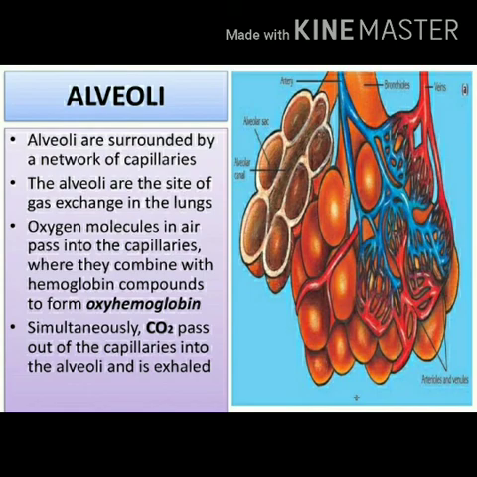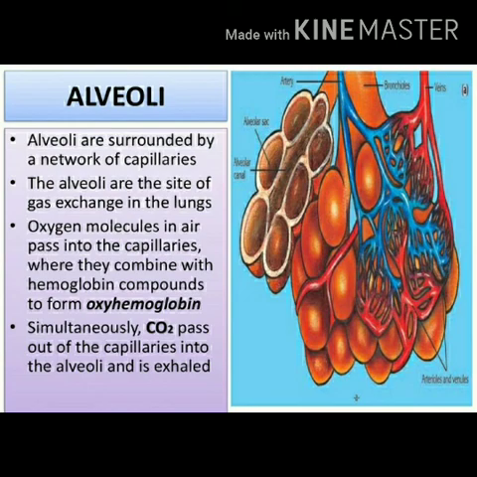When we breathe in air and the alveoli get filled with fresh air, oxygen from the air enters the blood capillaries and carbon dioxide from the blood comes out into the air. That is the special part where the main process, the exchange of gases, occurs in the alveoli.